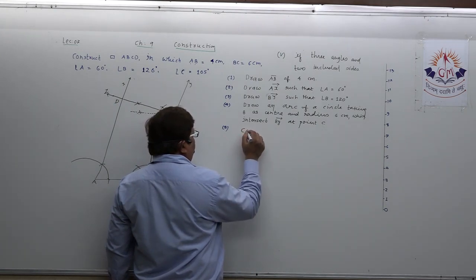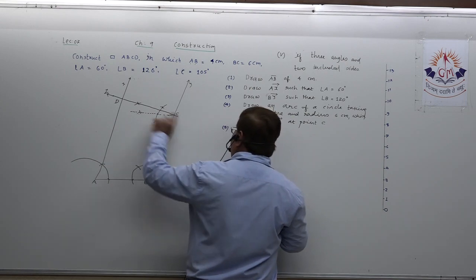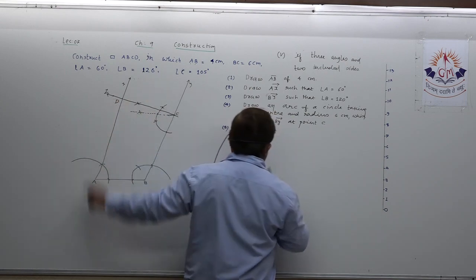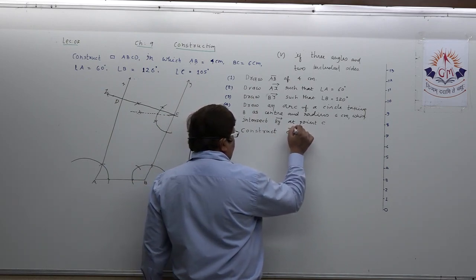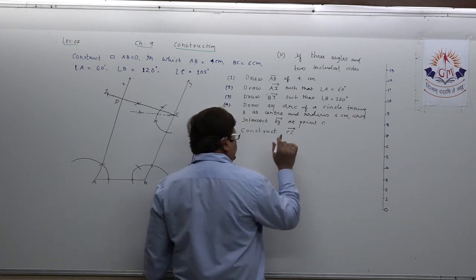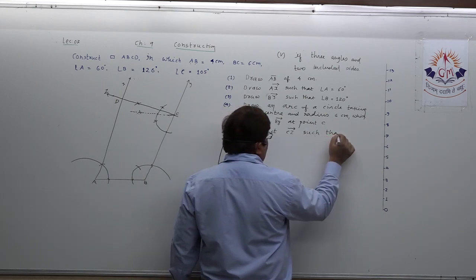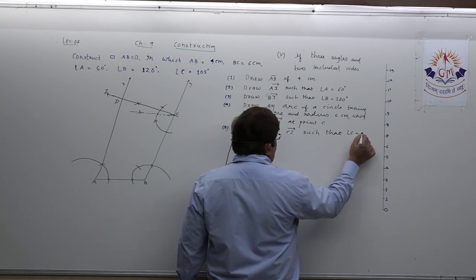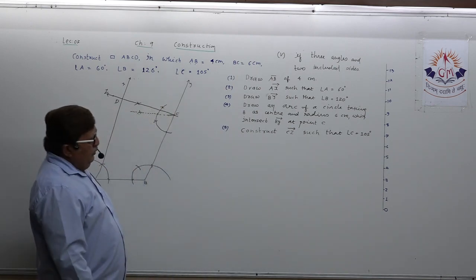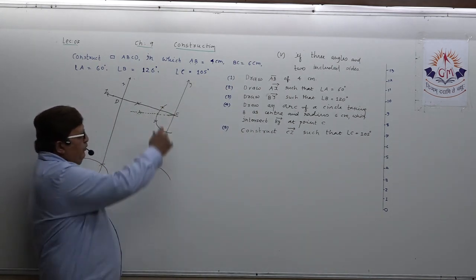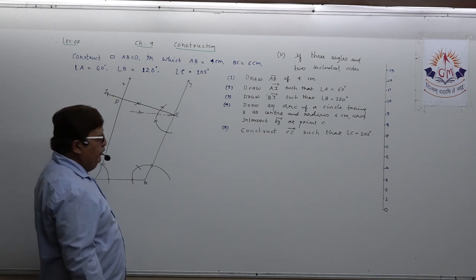Construct ray CZ such that angle C equals 105 degree.